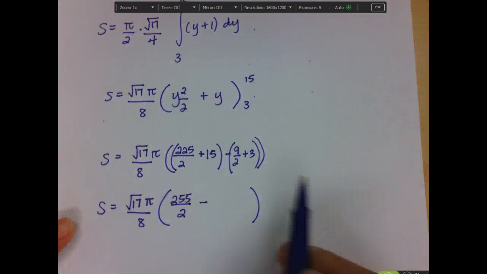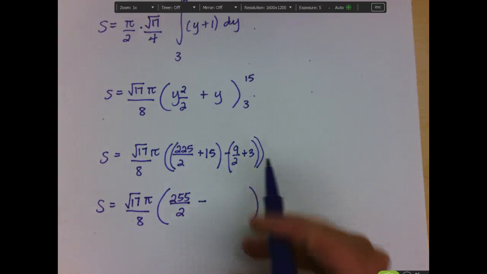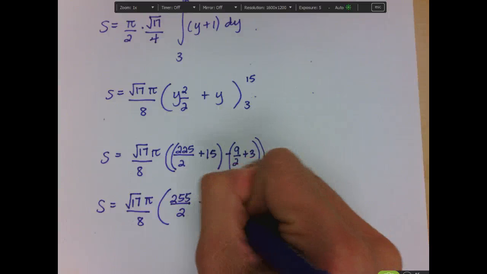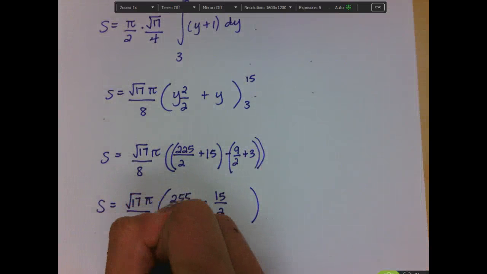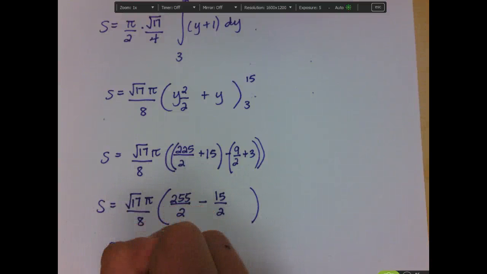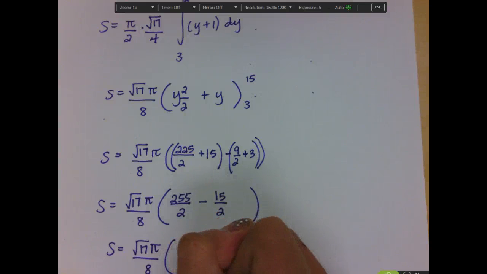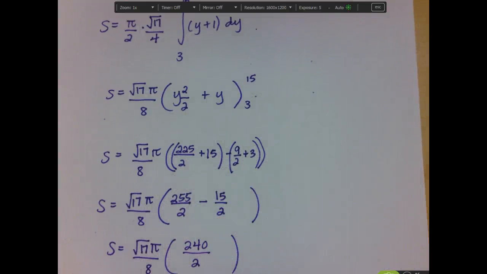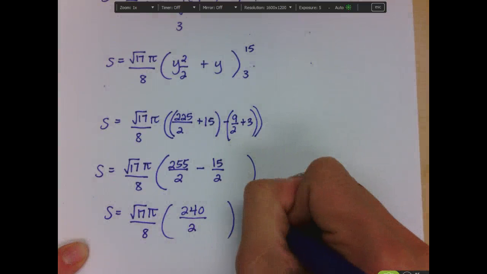And then from that, I'm going to subtract over here, getting a common denominator of 2. So that'll be 15 over 2. And that gives me, when I subtract 255 minus 15, that's 240 over 2. 240 over 2 is 120.